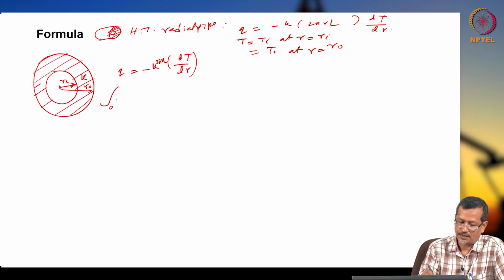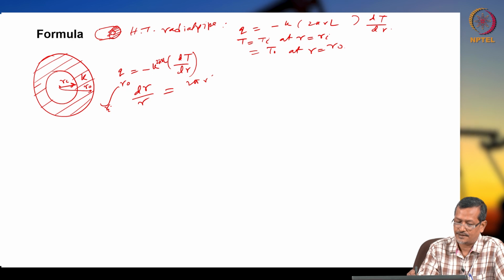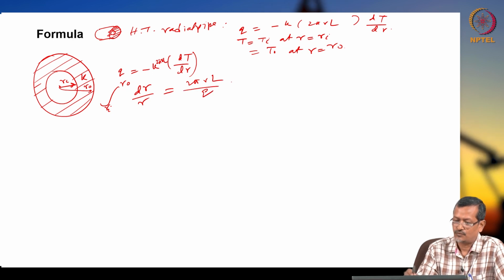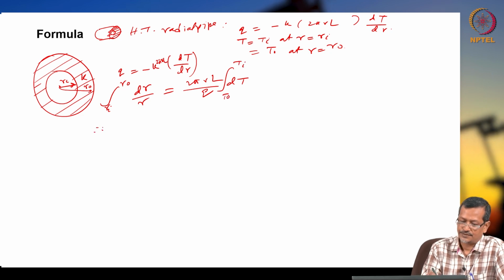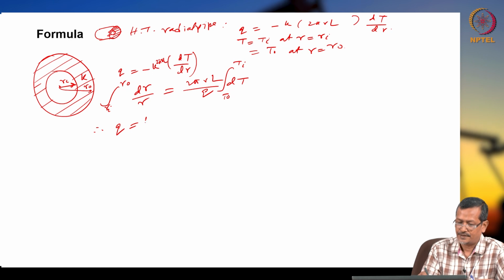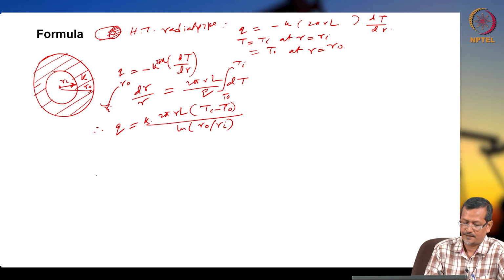So integrating from Ri to Ro, dr by r equals Q over 2 pi RL K, dT from To to Ti. So therefore Q will be coming K 2 pi L Ti minus To over logarithm of Ro by Ri.